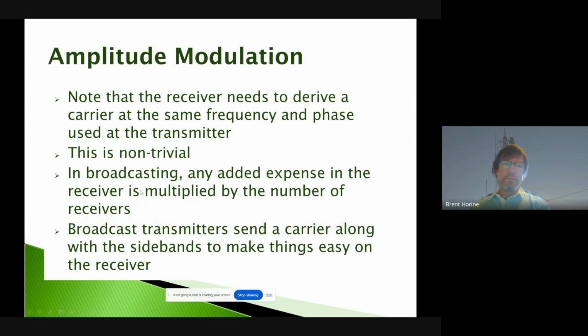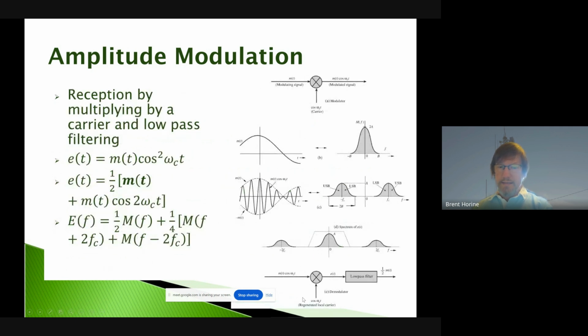So the trade-off is let's put a little more expense into our broadcast transmitter, and let's send the carrier along with the sidebands to make things easy on the receiver. So instead of having to extract this, we're going to send not just this signal, but a copy of just the carrier frequency, the cosine omega ct, along with it.